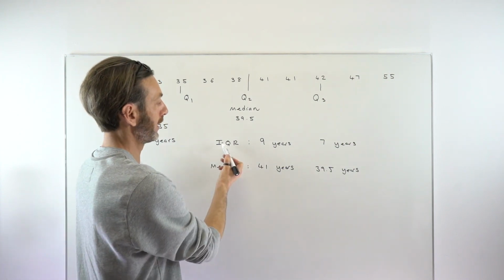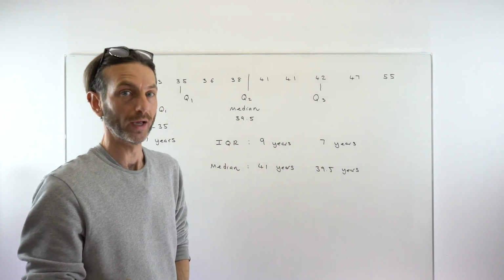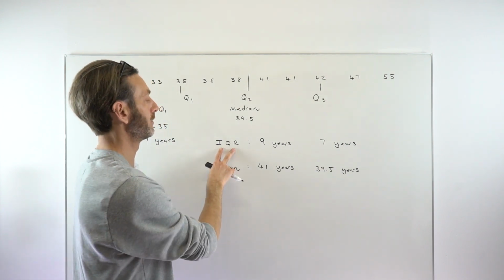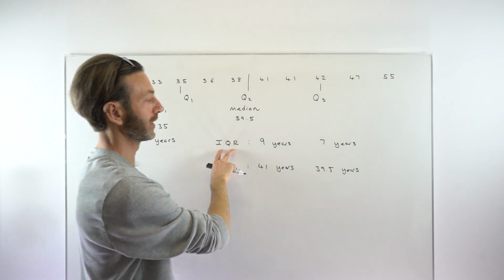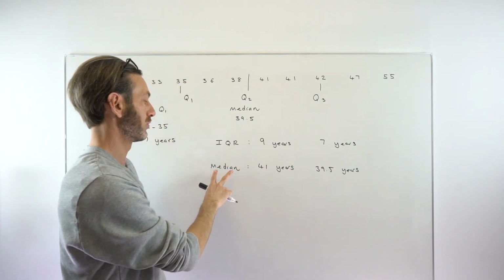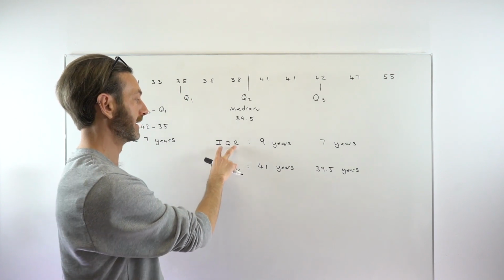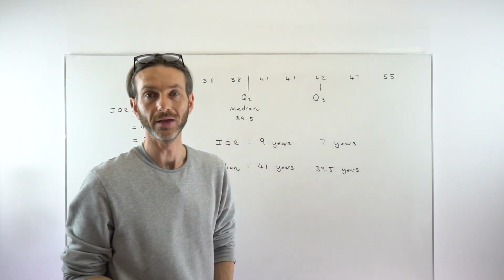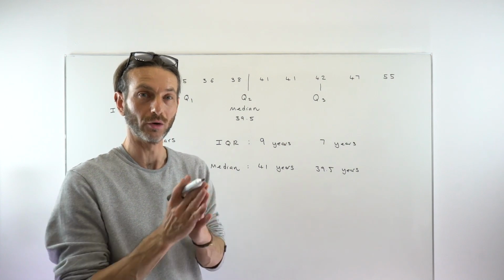To compare the IQRs, and again, you can word these in your own way, as long as you get the keywords in there. To compare the IQRs, the interquartile range, a similar sort of comparison, but remember that we're not measuring average like we were for median. Interquartile range, like standard deviation, measures consistency or spread.